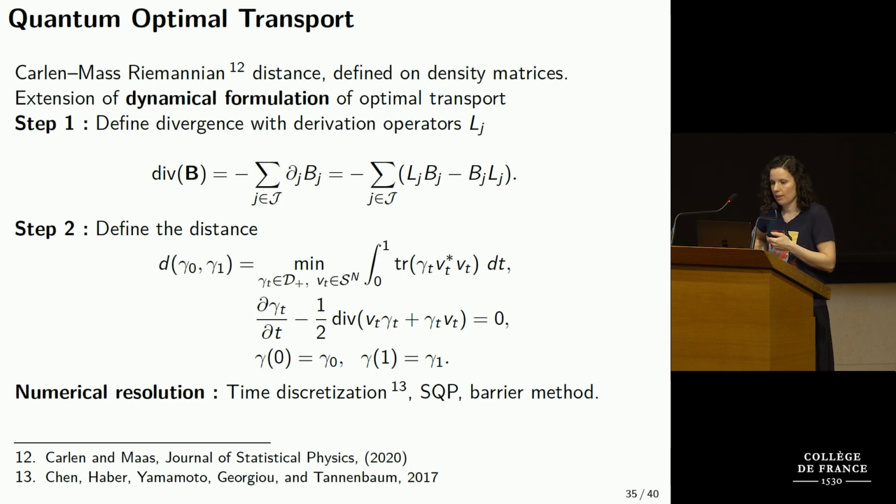And then using this, one can define the distance, very similarly as in the Benamou-Brenier formulation, as the minimum over curves of density matrices and velocities, which are now matrices, of the integral of the trace. So this is somehow the equivalent of the energy. And then we have some kind of similar continuity equation to satisfy.